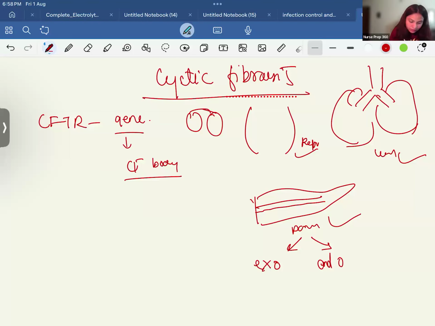What is the exocrine and endocrine function of your pancreas? Can anyone tell me?